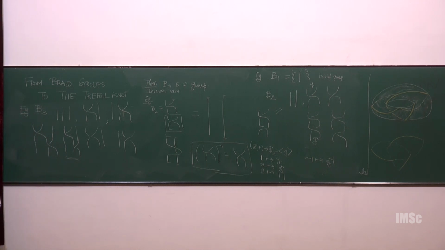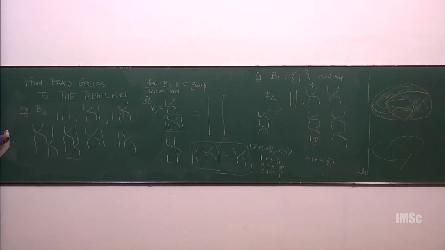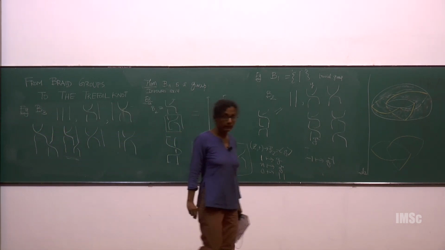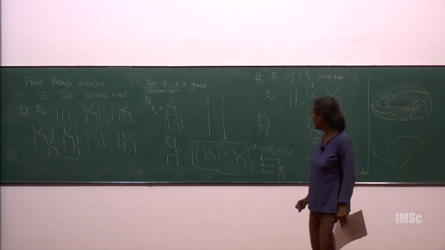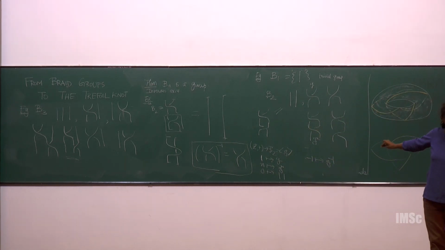Is this trivial? Can I simplify it anymore? No. Earlier we said over and under will cancel out, but here that's no longer the case. You can do over in one, under in another. They are not going to cancel out. So suddenly, it's a much more complex group. It's going to take us a long time to get at this kind of a list, so we have to be slightly smart.